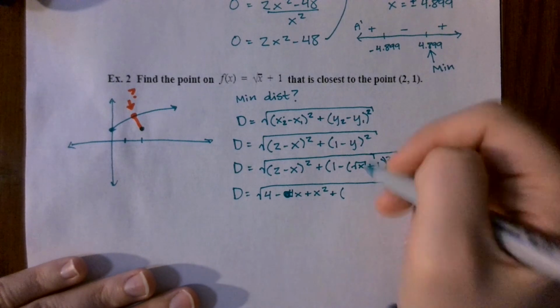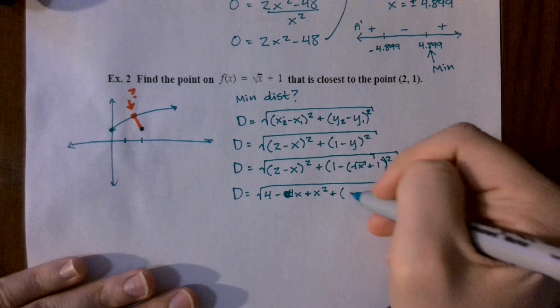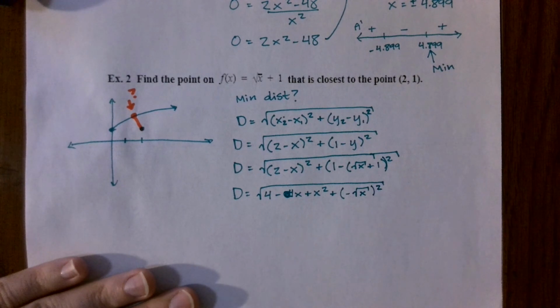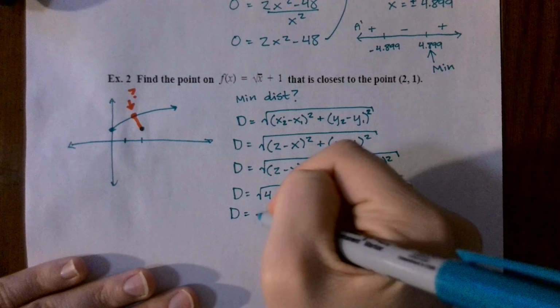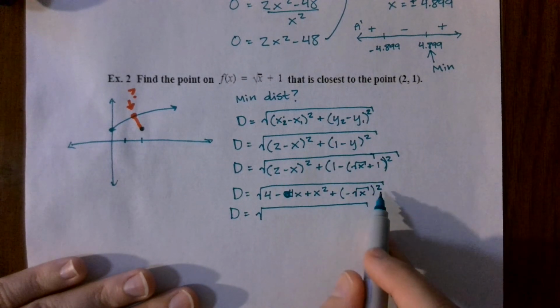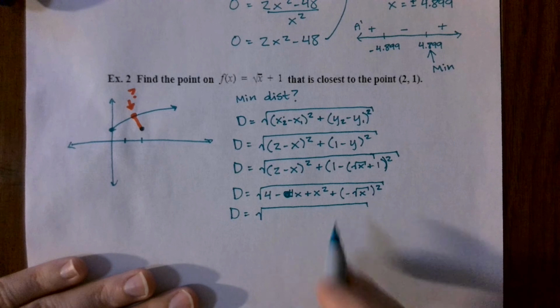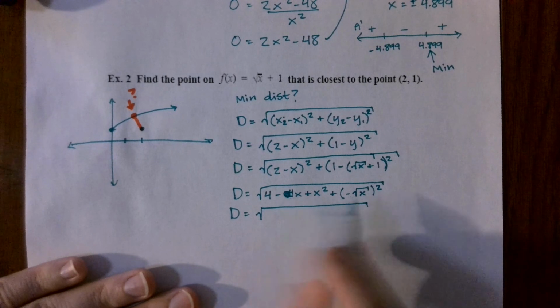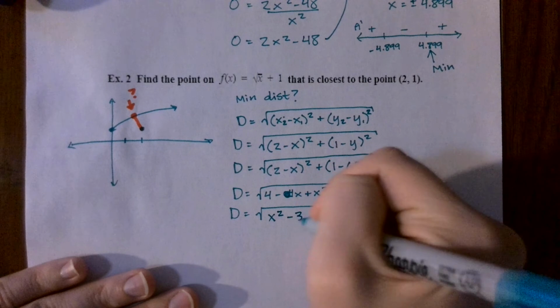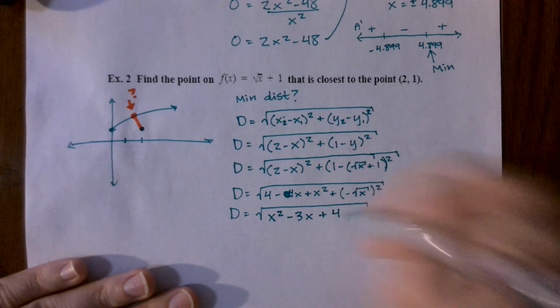And then I'm left with negative square root of x, squared. So that's nice. This part, my negative square root of x squared, is just x. So that means that I have a negative 4x and a positive x, so I'm left with x squared minus 3x plus 4.